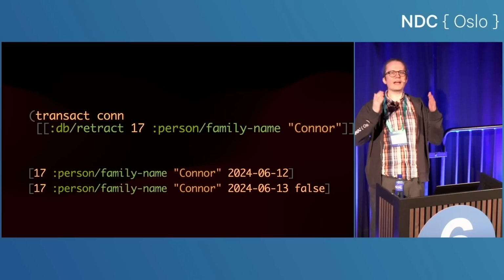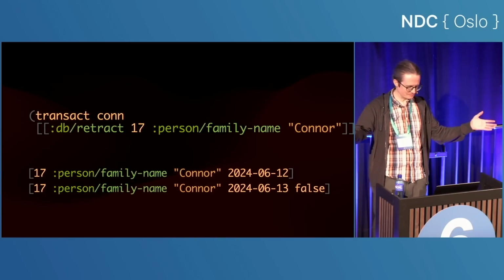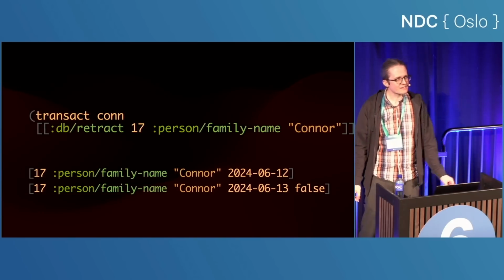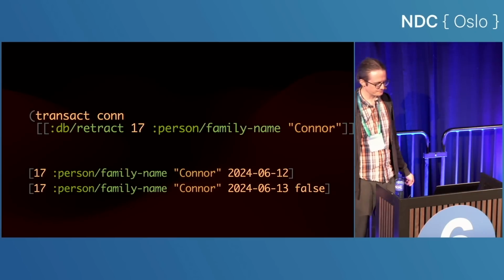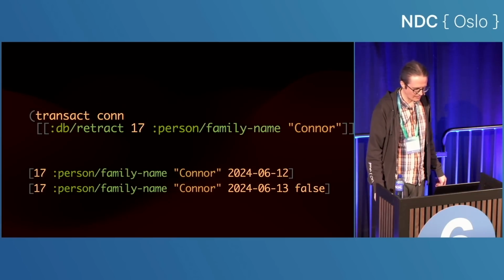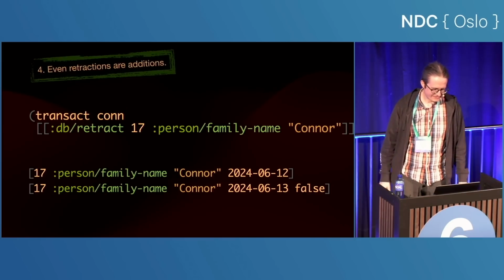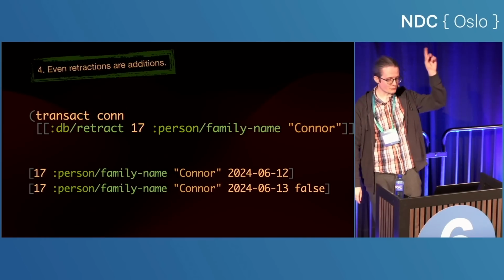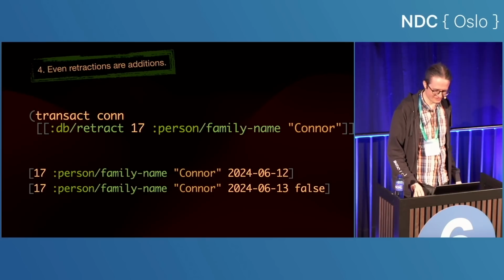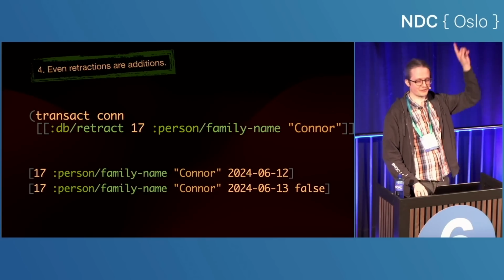We have added a retraction. The past still did not change. Now you have another question. Oh, yeah, that's the first one. Even retractions are additions. I think this is very, very cool.